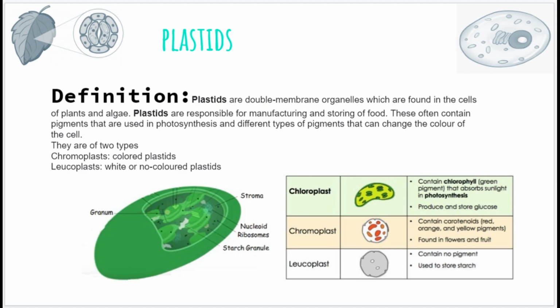The plastid contains some layered structures that are called stroma. Plastids are of the same structure as that of mitochondria. A very important point about plastid is that it contains its own DNA, similar to mitochondria.